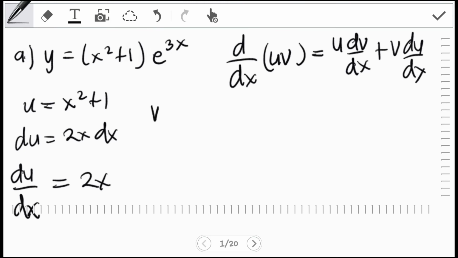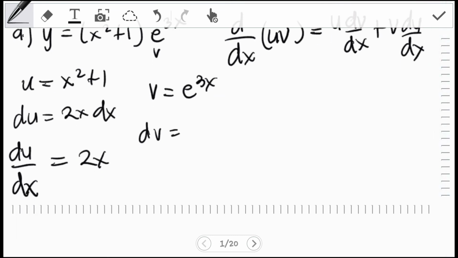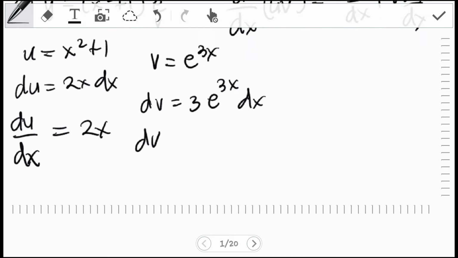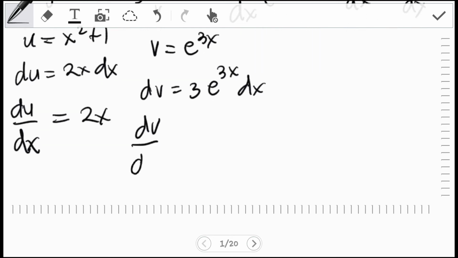And v is equivalent to e to the power 3x, where dv is 3 e to the power 3x dx. So dv over dx is equal to 3 e to the power 3x.